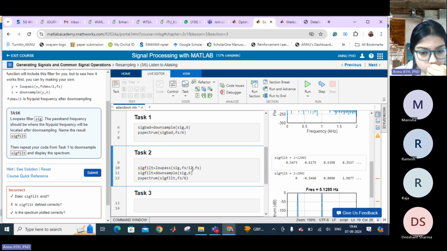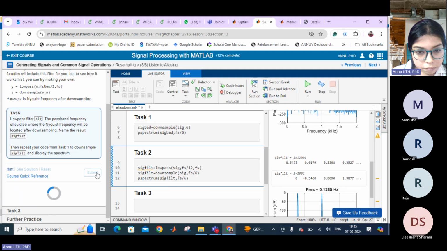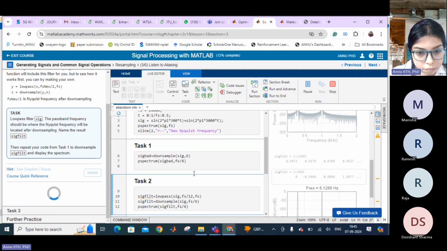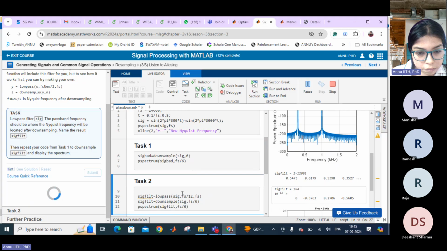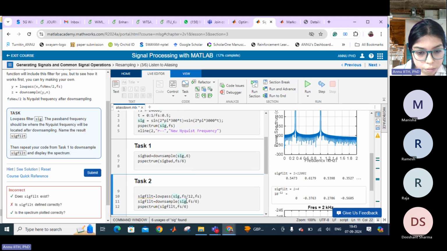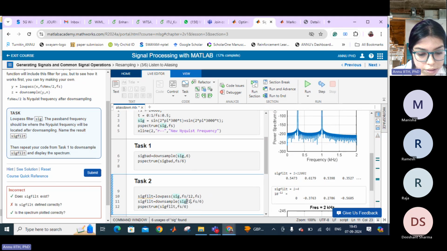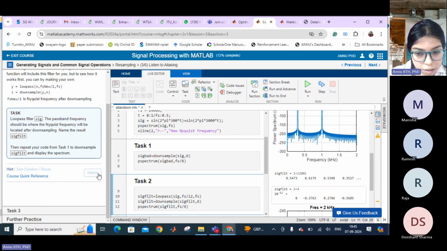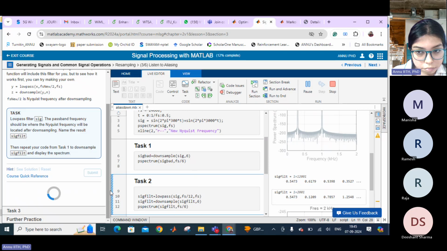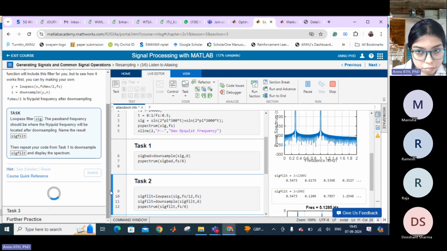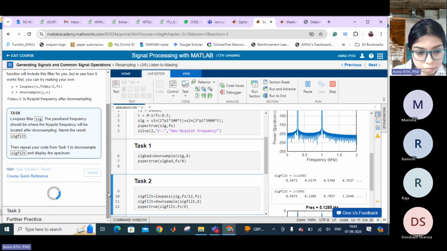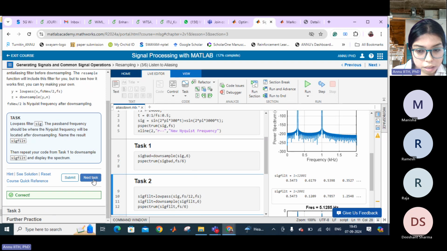Oh, fs by 6. Sorry, this is sig_filter. This type of mistake we often make, but it's not a problem. Okay, so now it is correct.